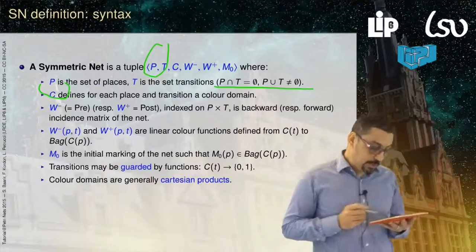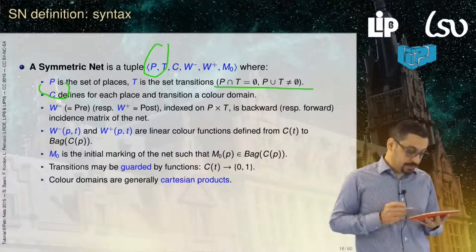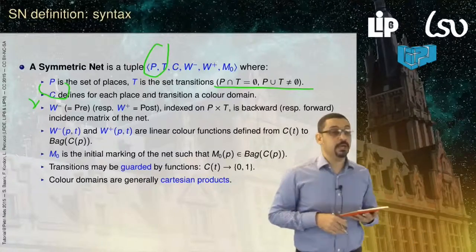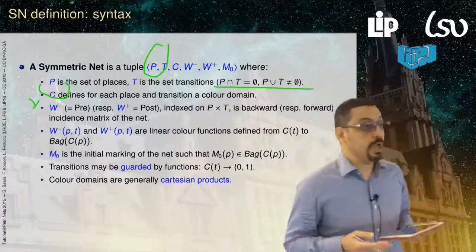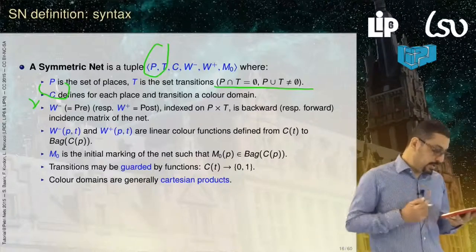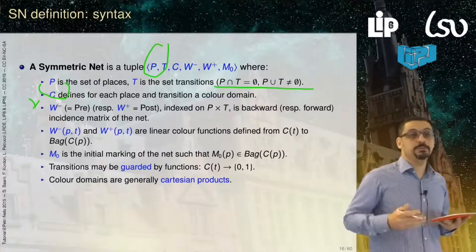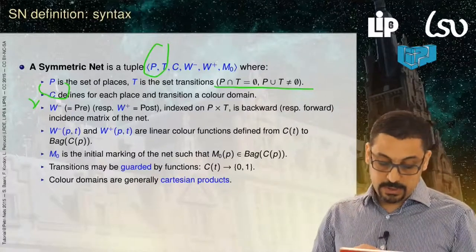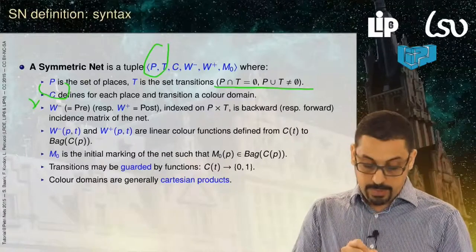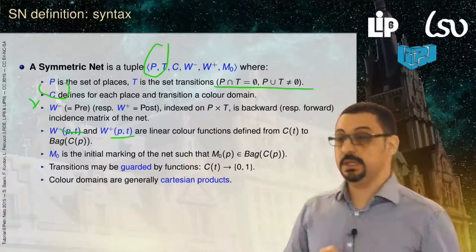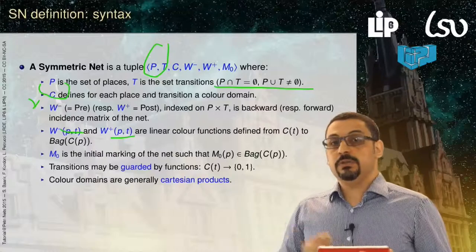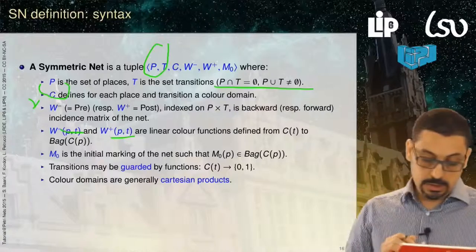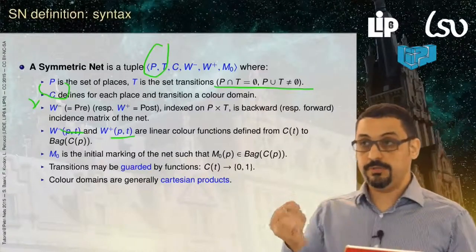We also have two things defined here, which are the backward and forward incidence matrices, like we have in ordinary Petri nets, but here they are more complicated because they treat bags. Actually, the backward and forward incidence matrices are indexed by place and transition, and for each entry of these matrices the function is linear.